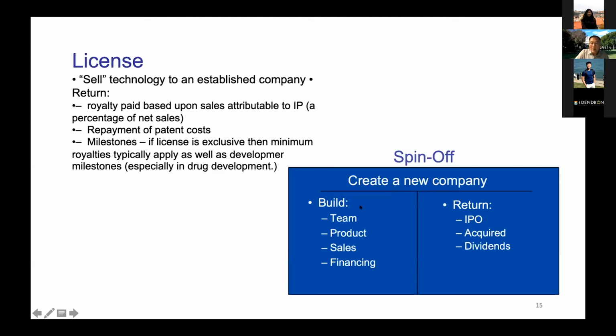Basically, we go through two parts: building the team and the product, sales, and financing. This is for a startup company. As a return, for the IP owners, the return will be represented through either IPO activity, that means going public, or the company being acquired, or receiving dividends.